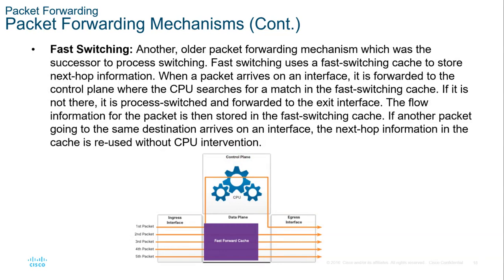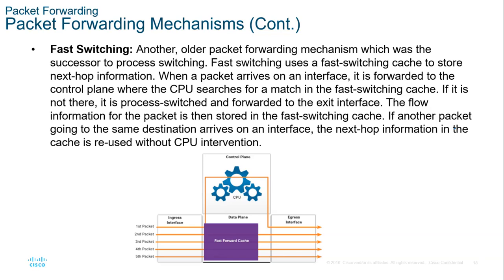Then we have what you call fast switching. If the first two packets, for example, are processed and the rest of the packets are also heading to the same destination, then they will not go through the control plane to be processed.